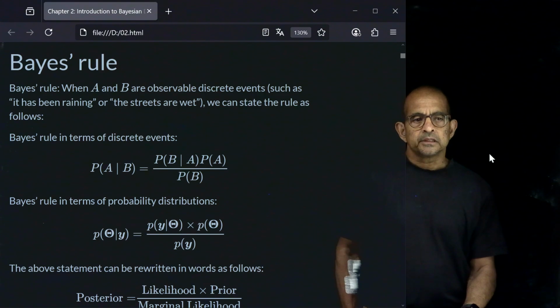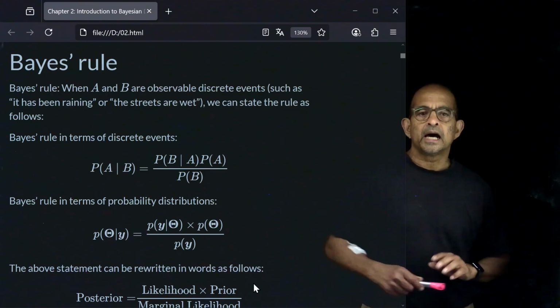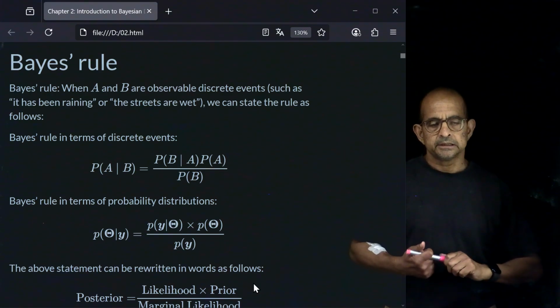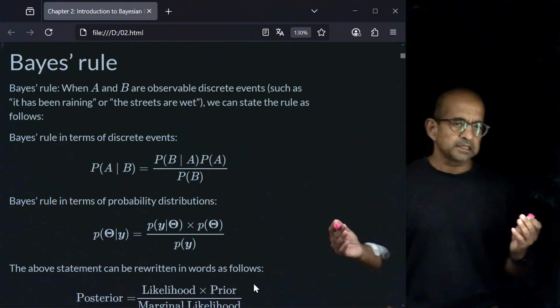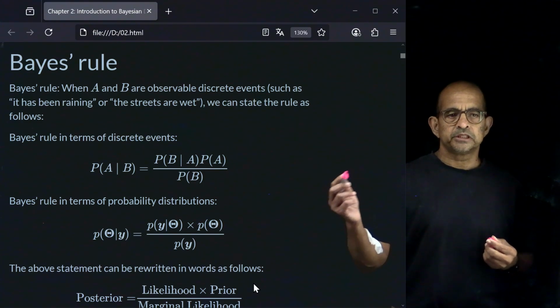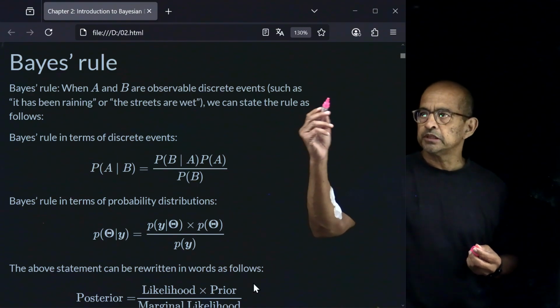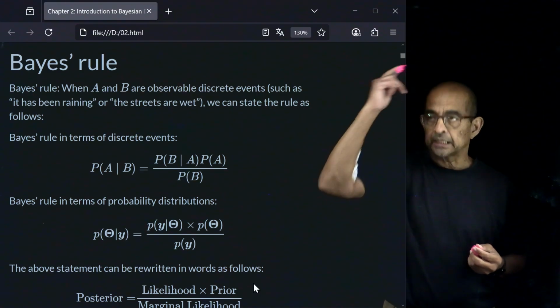In chapter 1, we introduced the idea of conditional probability, and we derived Bayes' rule in that chapter. I didn't discuss that in chapter 1's video lecture, but it's a pretty straightforward derivation which I will just show you. So the conditional probability rule is something like this.